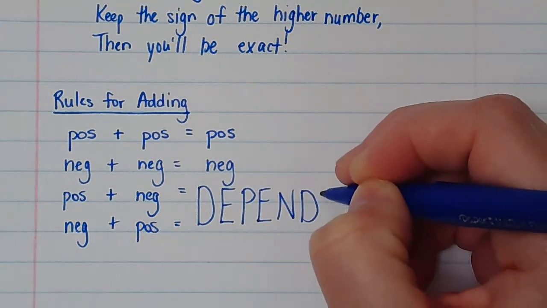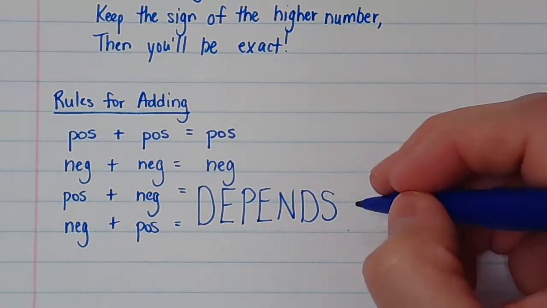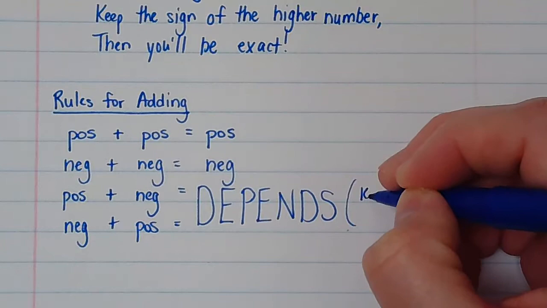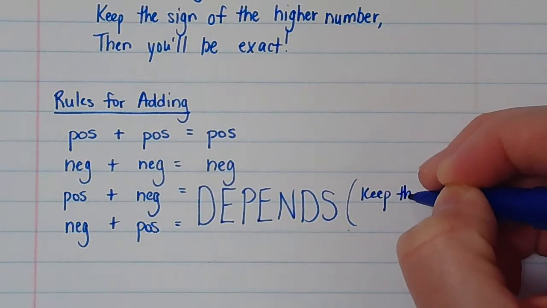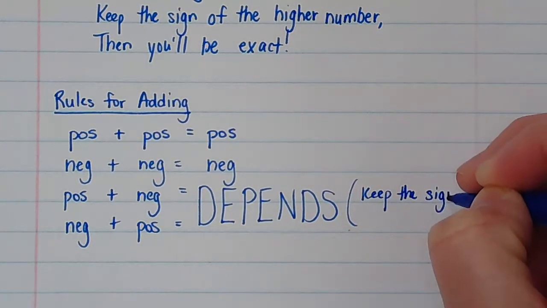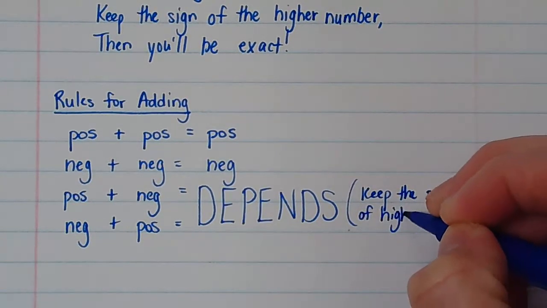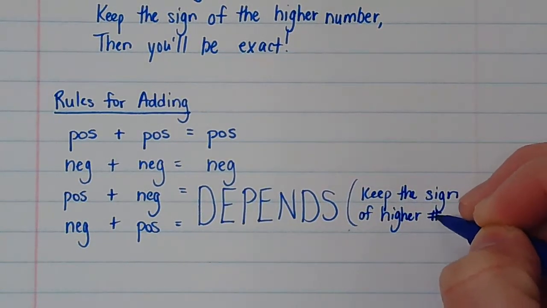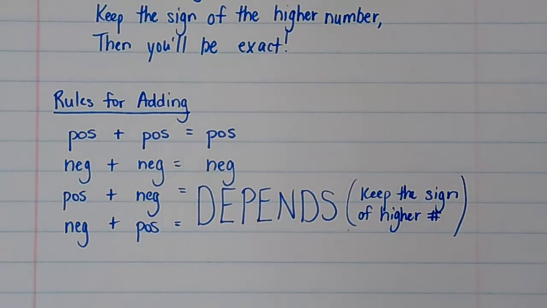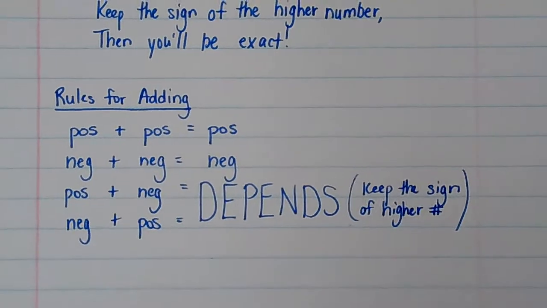It all depends on which one's higher. So keep the sign of the higher number. Okay? But that's just something for you to remember. All right, so let's look at some examples.